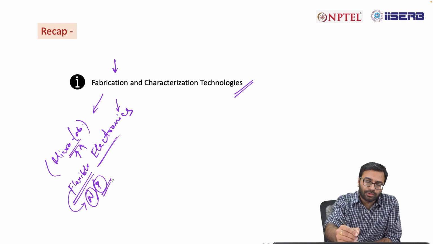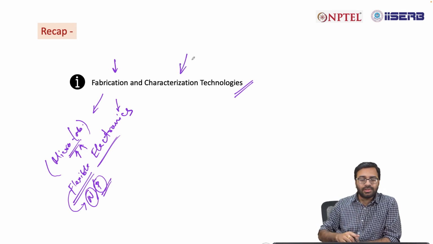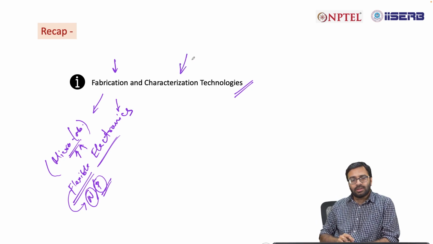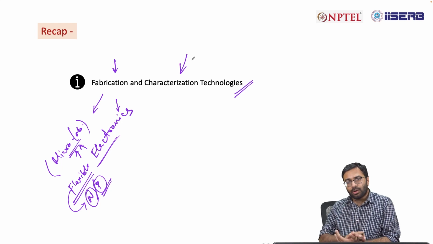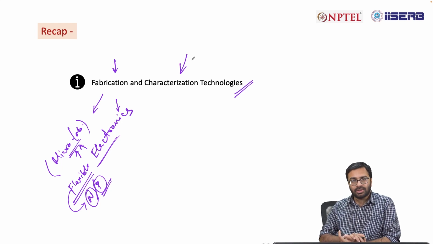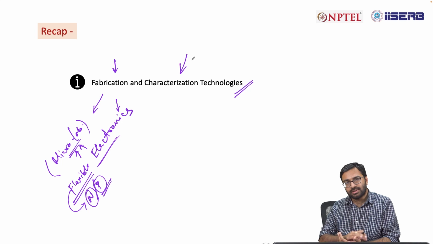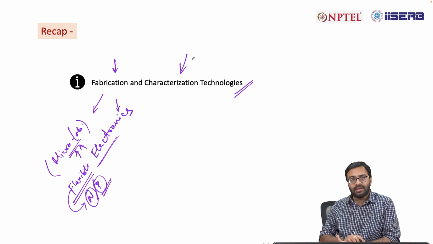Apart from that, we also have seen different characterization technologies. So we have covered the important technologies associated with characterization, or important facilities that are needed for characterizing different sensors.